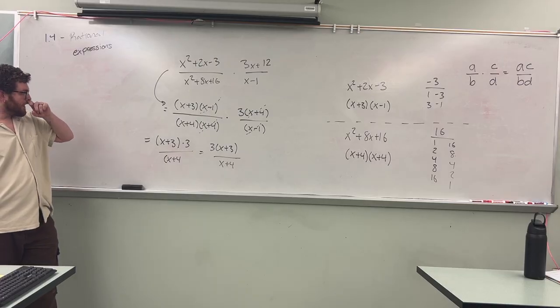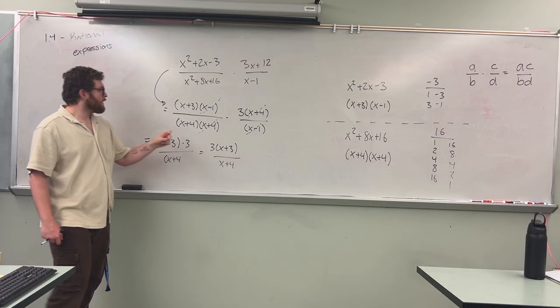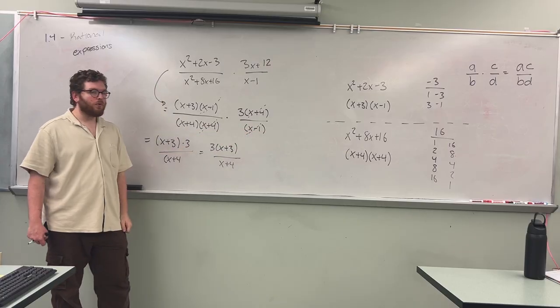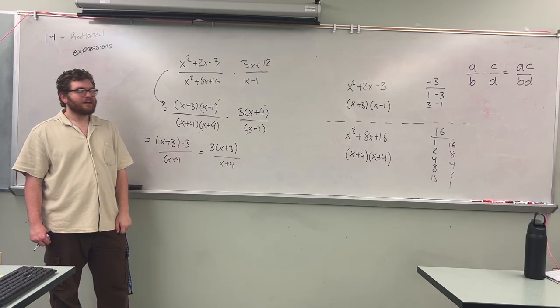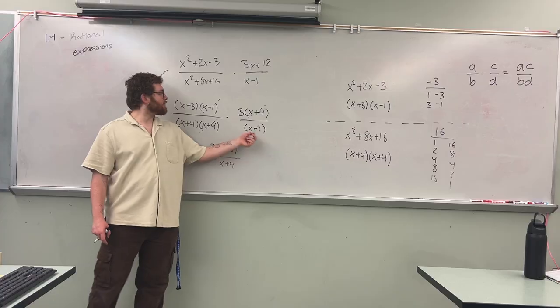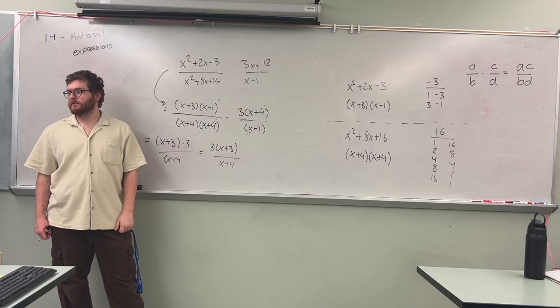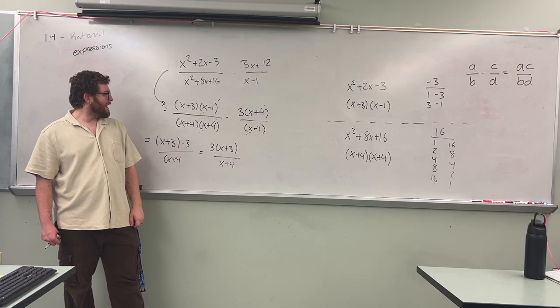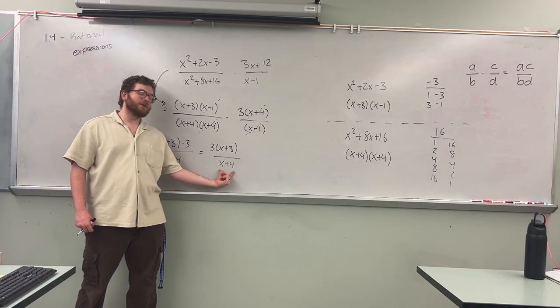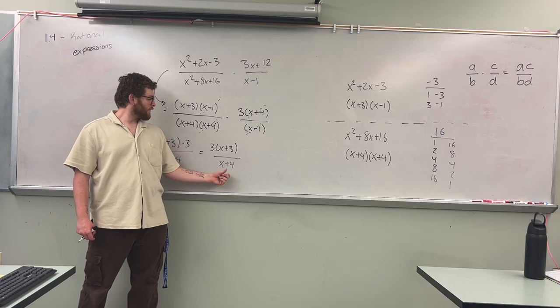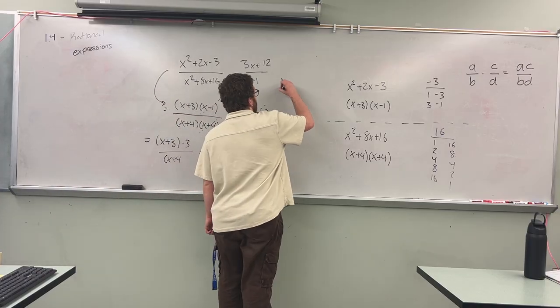So instead of saying, oh, well actually 1 and negative 4 are not the possible numbers, I know that 1 actually is possible because it canceled with this factor up here. So my domain is just everything except for where this equals 0. X plus 4 equals 0 at negative 4.